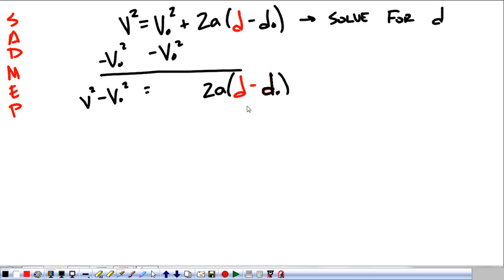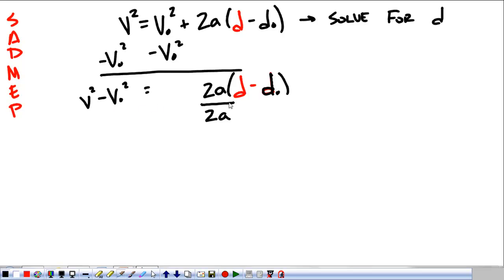Looking at this equation, I want to get this whole term by itself. Parentheses is the last thing I do, so I'm not going to subtract d or d0. I am now at the divide and multiply step. So I want to get rid of everything over here that is not d minus d0. So I'm going to take this side and divide by the whole thing, 2 times a. If I do that, they cross out.